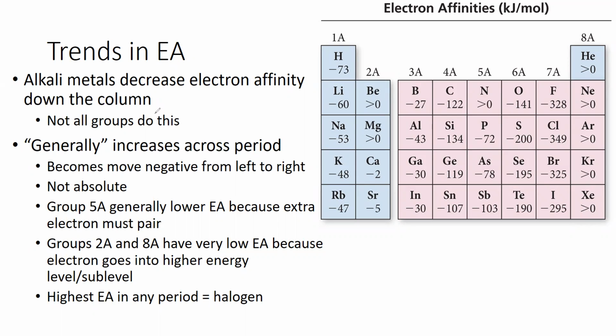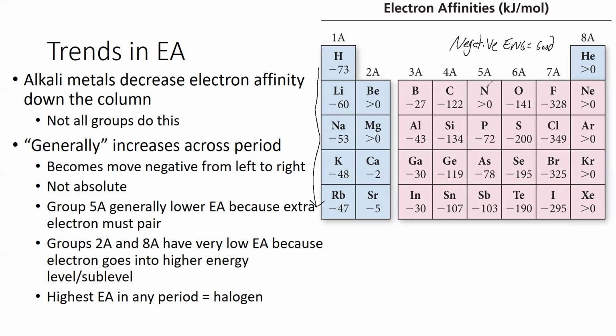Now, our trends aren't as nice and neat as ionization energy, but in general, as you go down the column, the electron affinity decreases. And this is kind of weird, right? Because we're talking about negative energies, which are good.